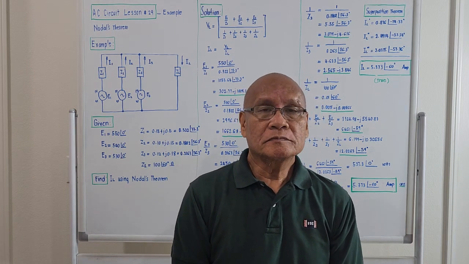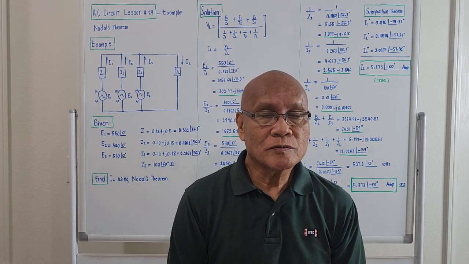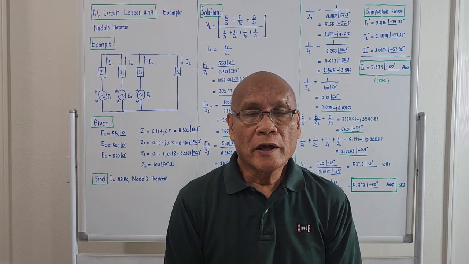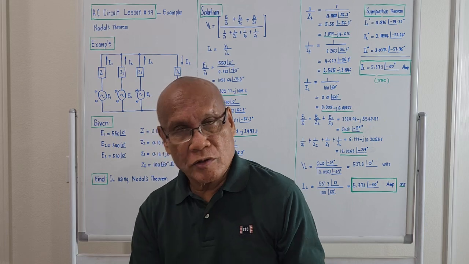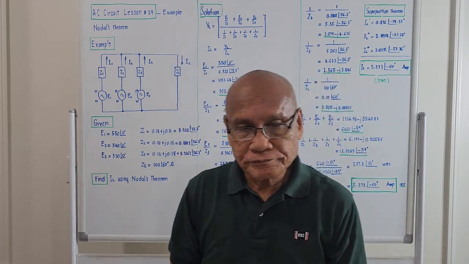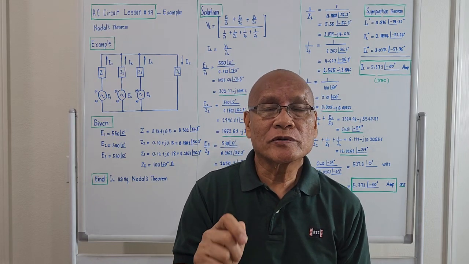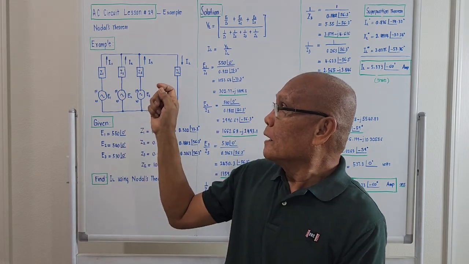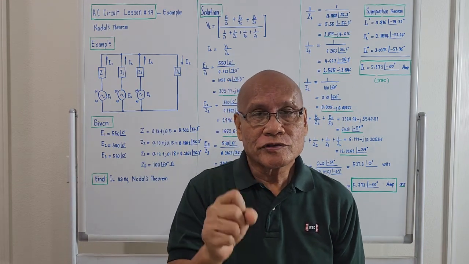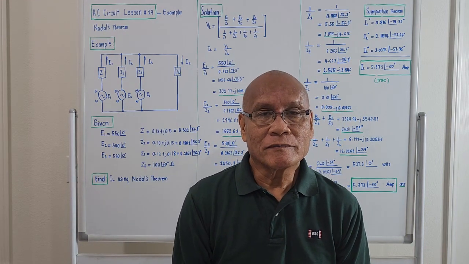Okay, my long video format discussion for this morning will be alternating current circuit, and this is a continuation, lesson number 29. Lesson number 29 is an example of Nodal's theorem using three voltage sources of EMF.